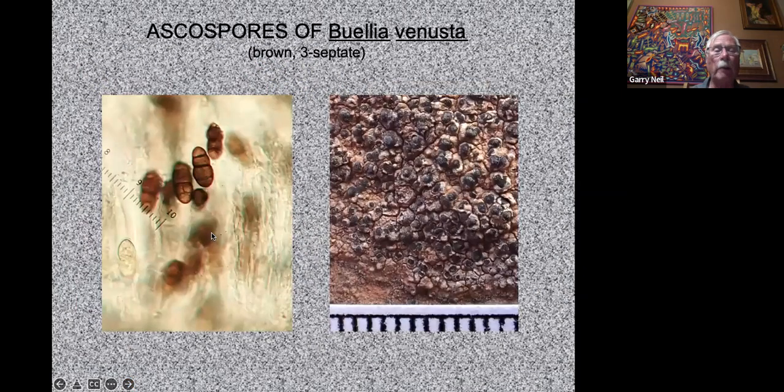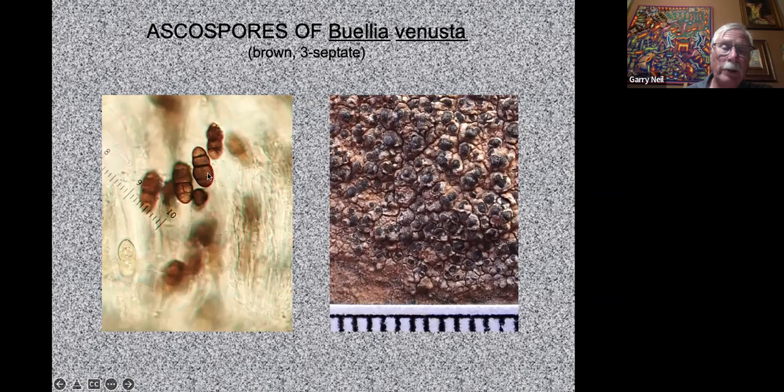Here's another close-up of a Buellia that grows right here in our area. In fact, this is one I collected, and in cross-sectioning of the apothecia, which is right here and here and here and here, these little black ball-like structures, you get to the spores. The spores in the genus Buellia are brown, and venusta is the only one that has 3 cross walls, 3 septa.